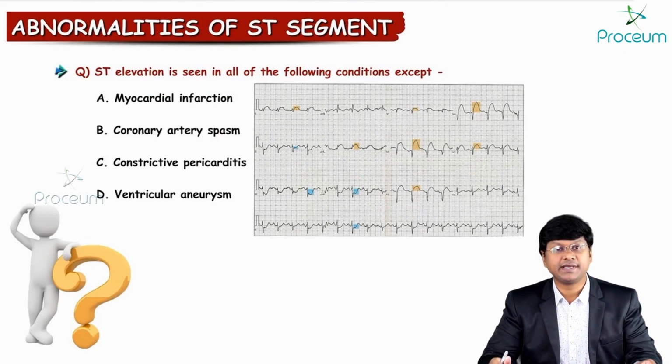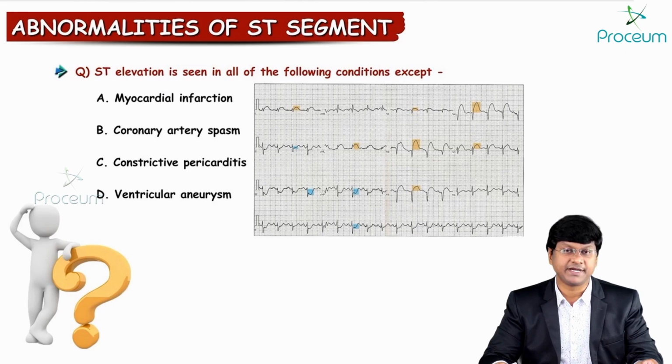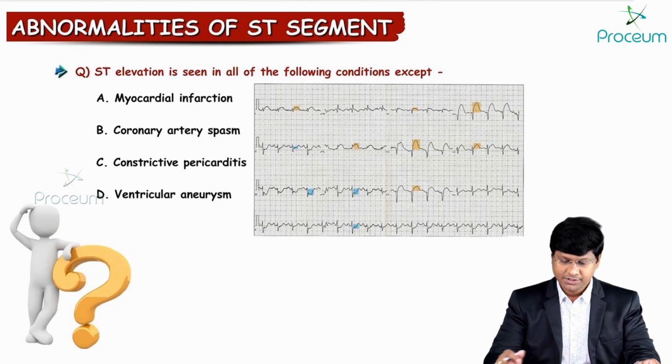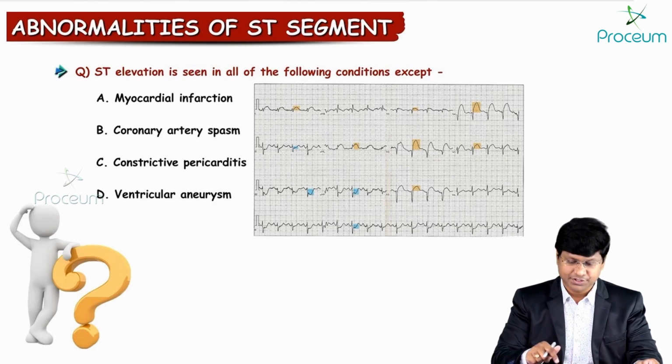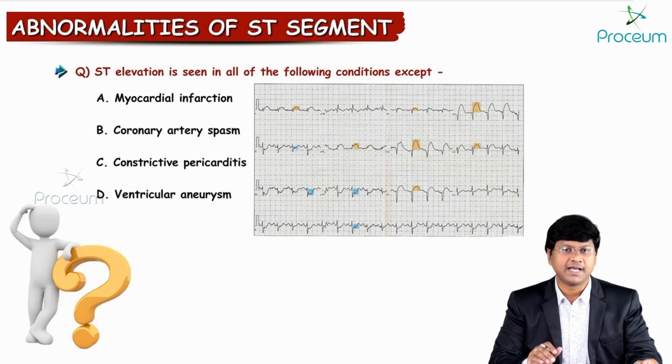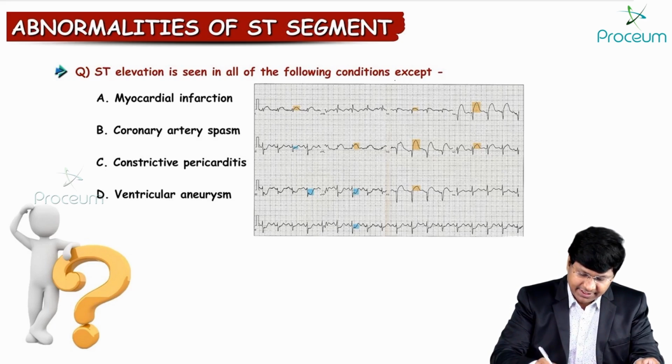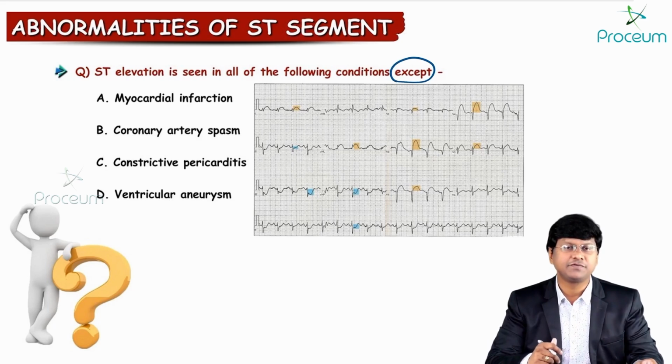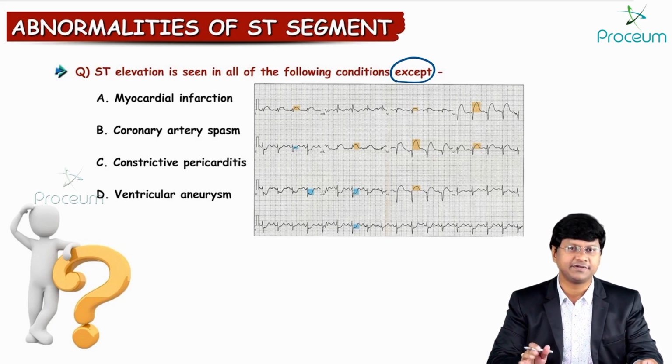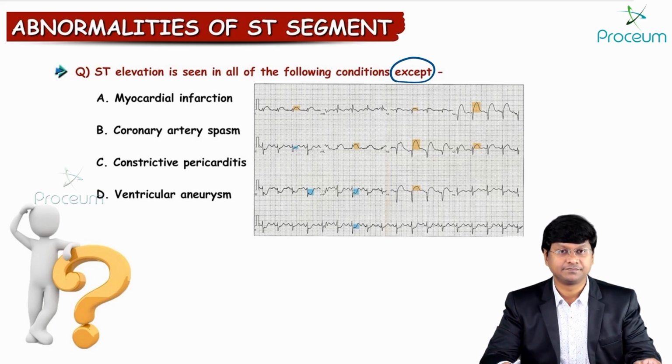ST elevation is seen in all of the following conditions except: myocardial infarction, coronary artery spasm, constrictive pericarditis, ventricular aneurysm. I am not correlating these options with the ECG I have shown you. I am just asking what are the clinical conditions in which you will have ST segment elevation, but the question asked here is except. That means in which of the following conditions you don't have ST segment elevation, right? That is the question.